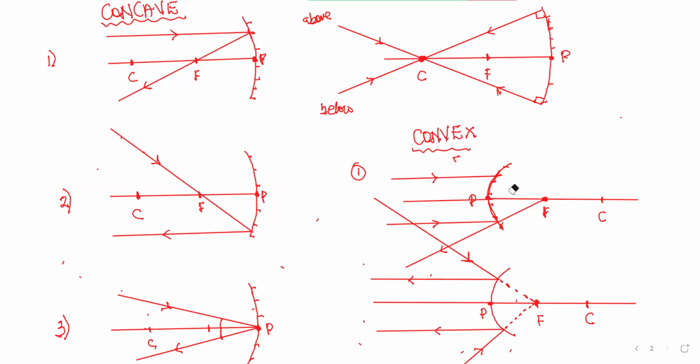But this one, let me design this as how I have done the reverse rule. So it must end here, and the reflected ray can continue.